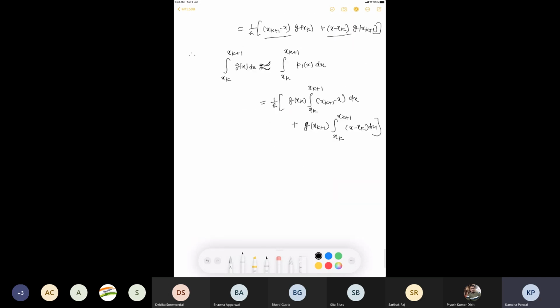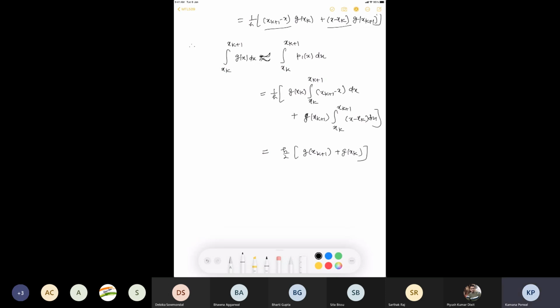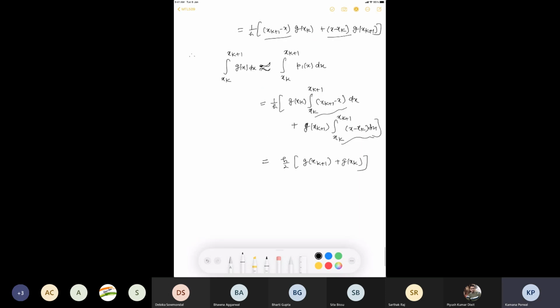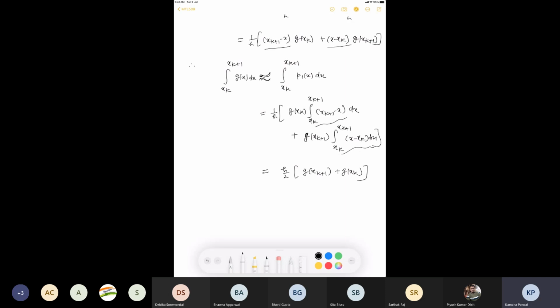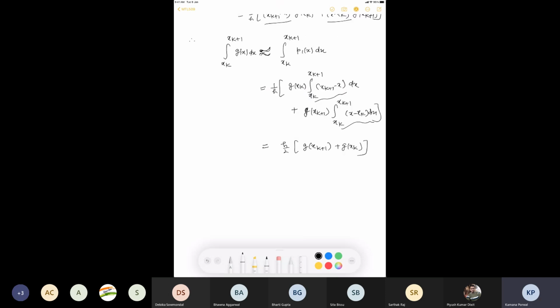If you simplify this, we get h by 2 times (g at xk plus 1 plus g at xk). Both integrals are h square by 2. See, we have the integral over the interval xk to xk plus 1, and g(x) is approximated by the interpolating polynomial with the same nodes xk and xk plus 1, right? So this is simply the trapezoidal rule, if you observe.